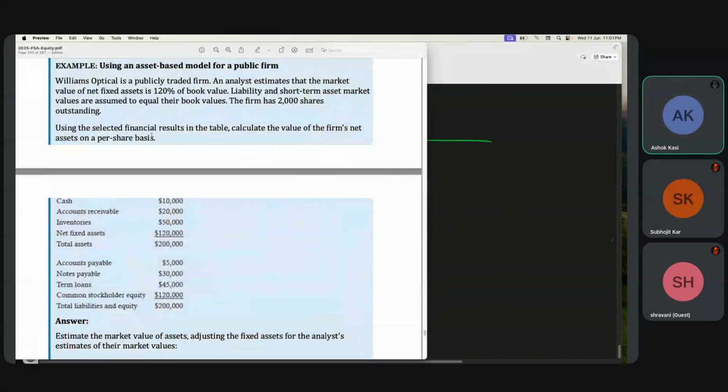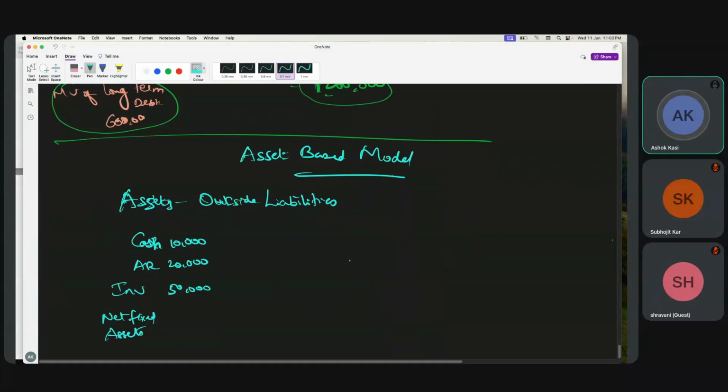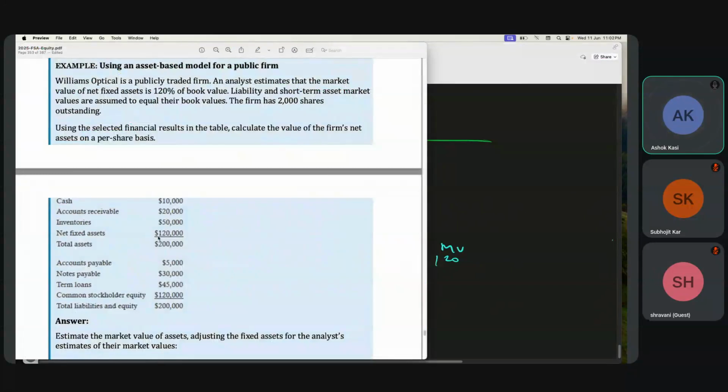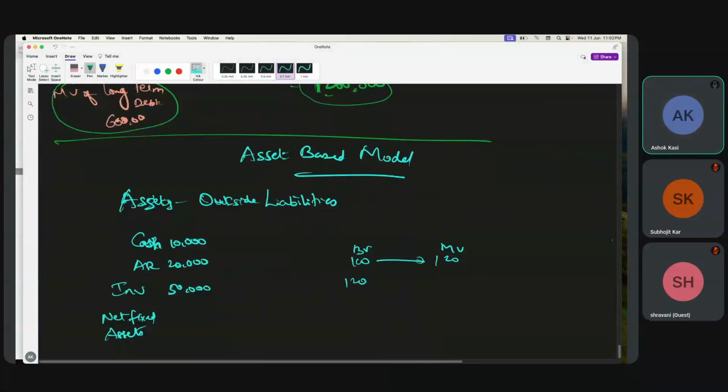Now net fixed assets, they said, is 120% of book value. If book value is 100, the market value will be 120. Here net fixed assets is 1,20,000, so 1,20,000 into 120% will come to 1,44,000.